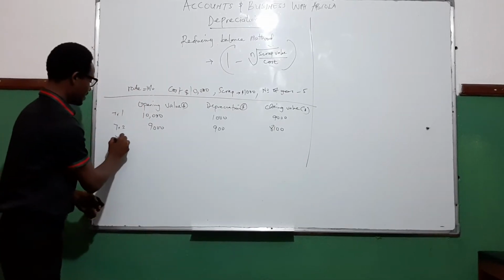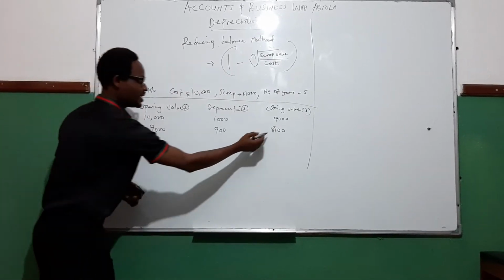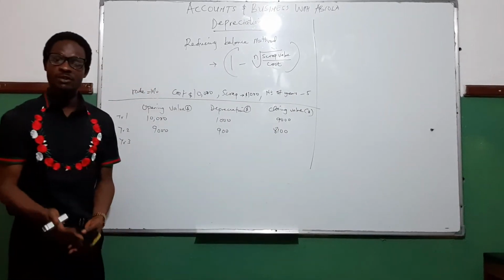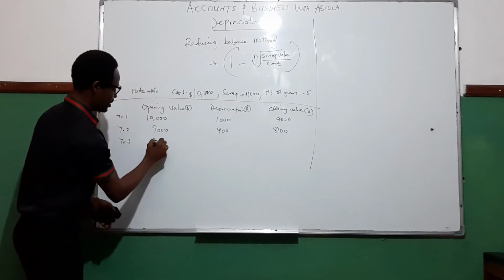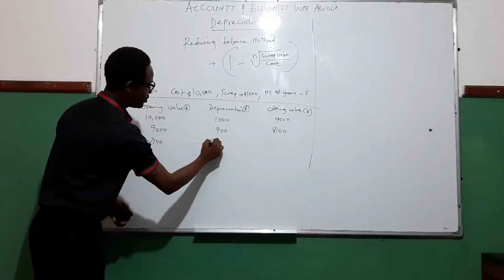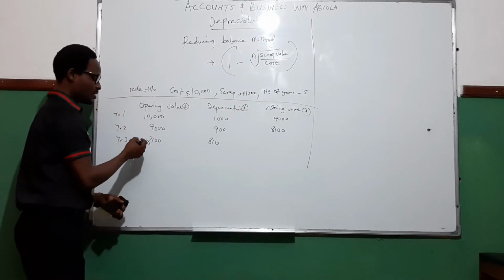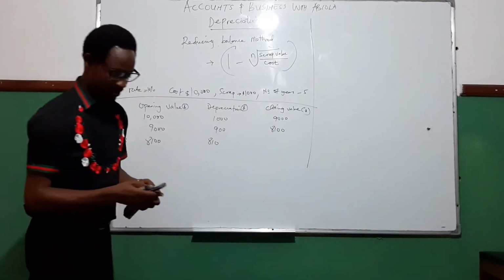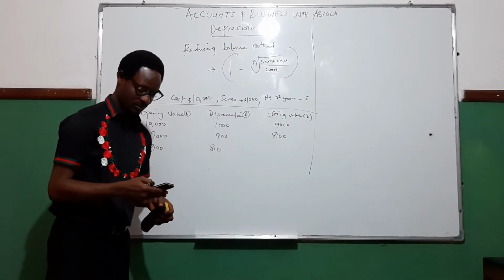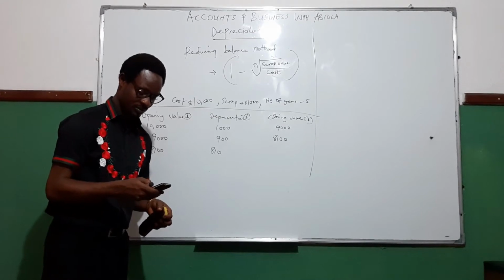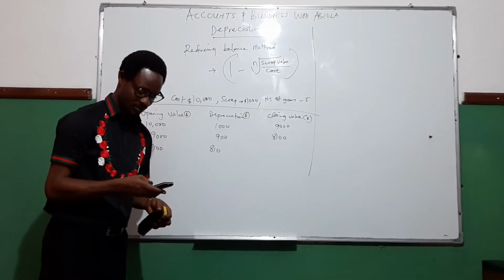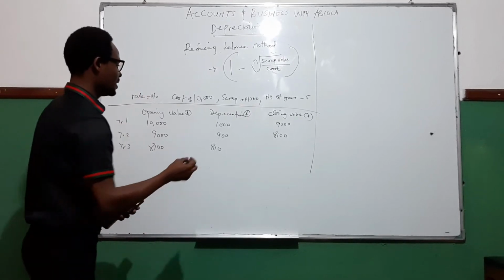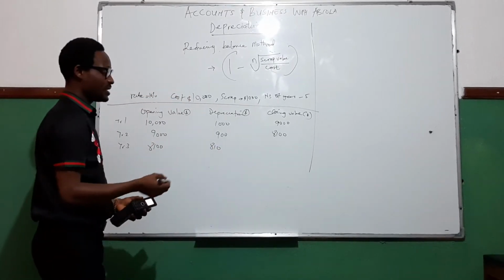For year 3, the beginning value is 8,100, so 10% of 8,100 is 810. So 8,100 minus 810 is 7,290.